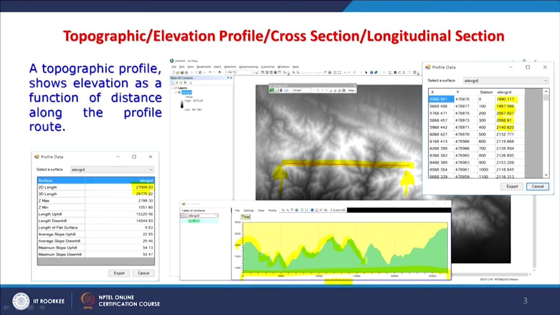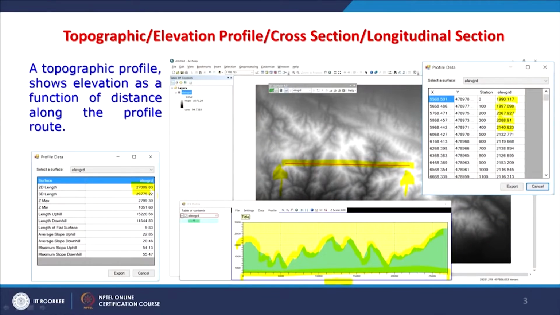So, the 3D length is always more than the 2D length, whether it is an area or a length. These are the two important parameters you can derive using this tool.